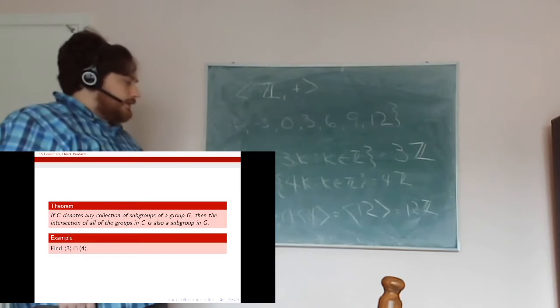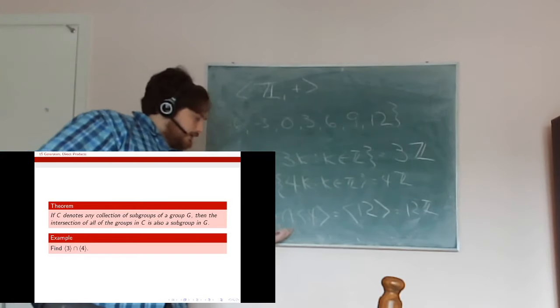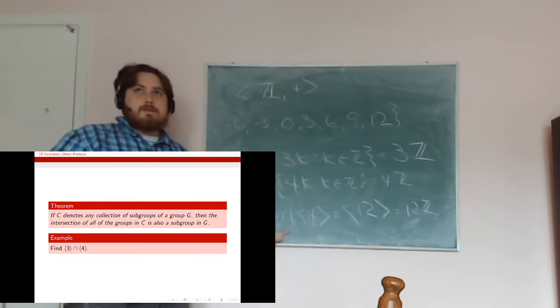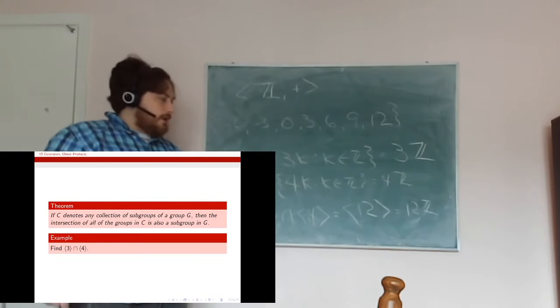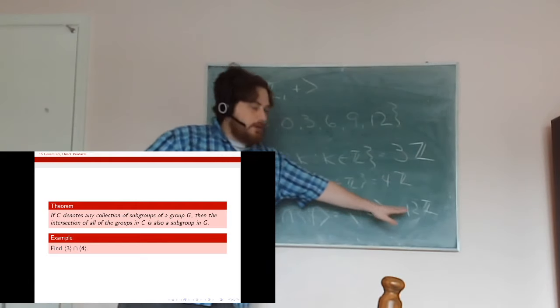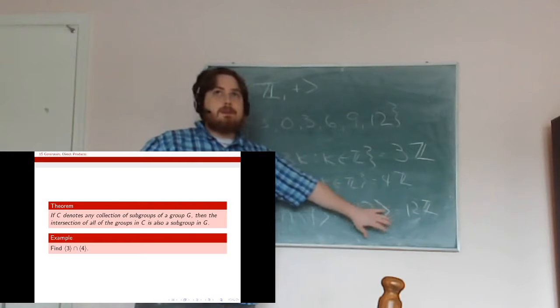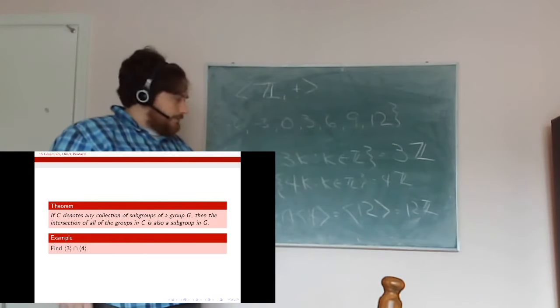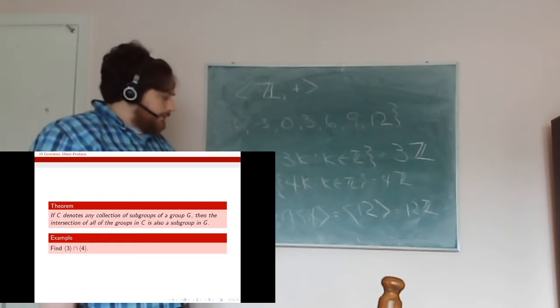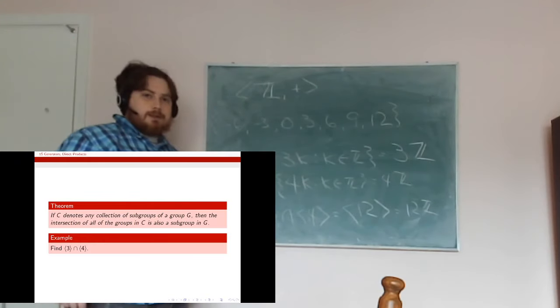But if I wanted to prove this, I'd have to show everything in here is also in here, and everything in here is in here, right? So how would I prove that? Well, starting this way, if I'm in 12Z, I'm a multiple of 12. Am I necessarily a multiple of 3?